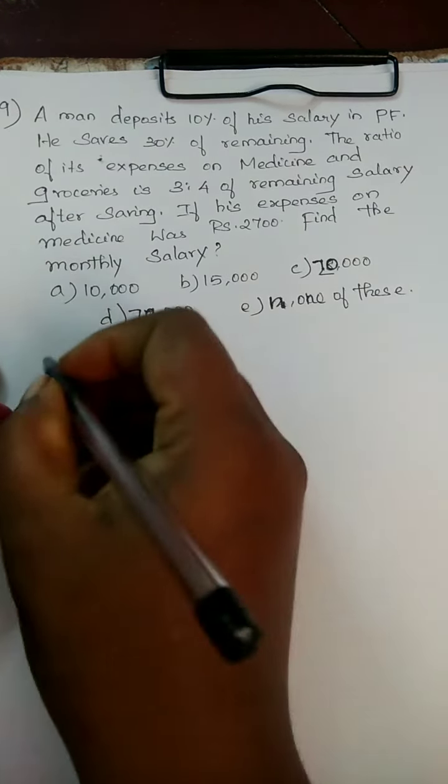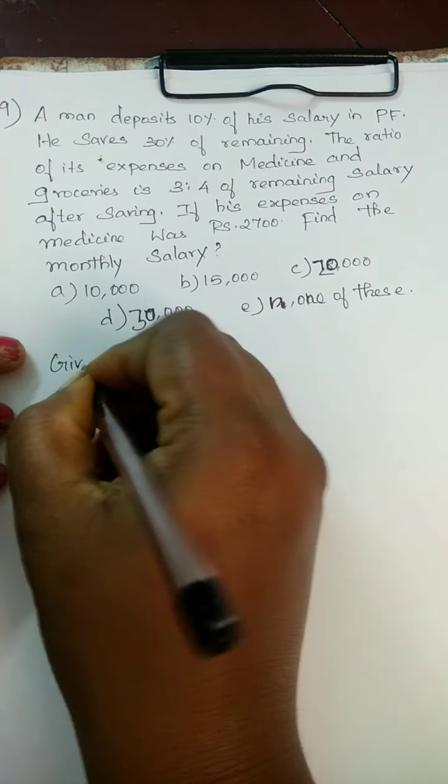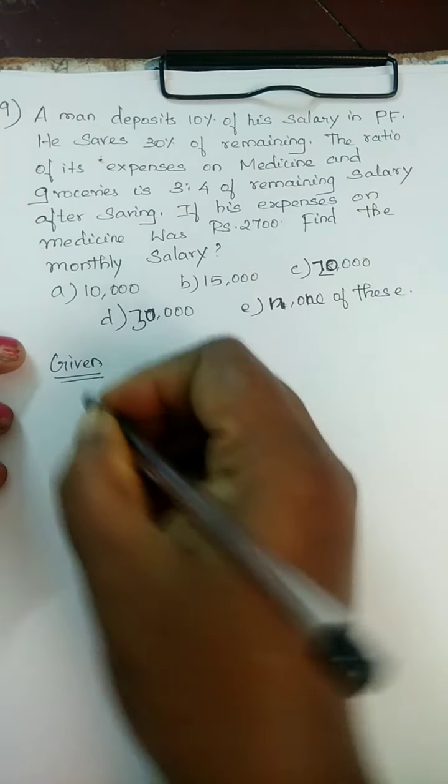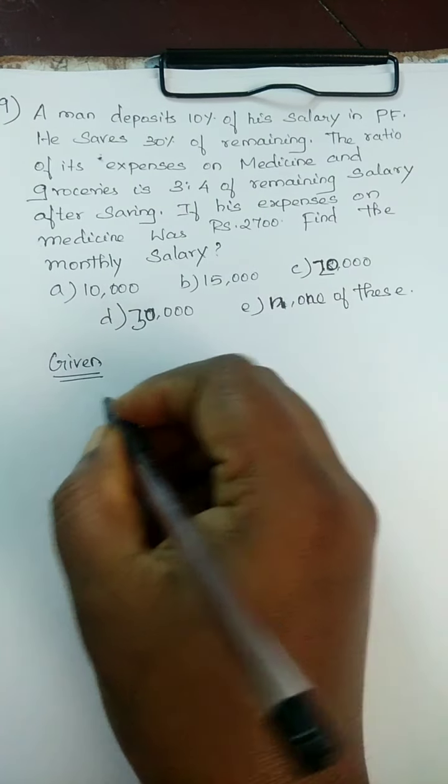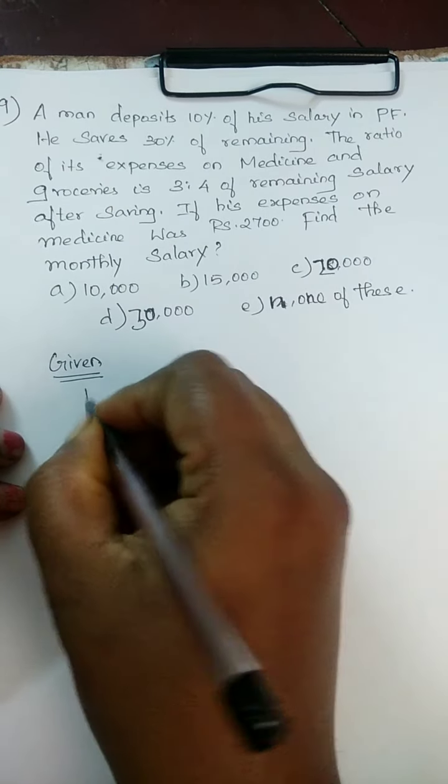Come on, let's write the given clues. What are they given? A man deposits 10% of his salary.